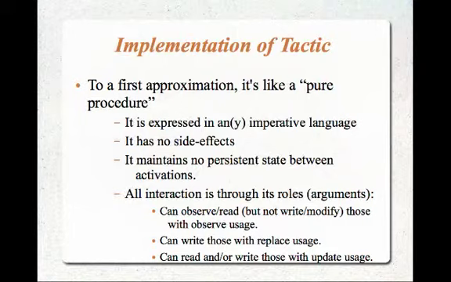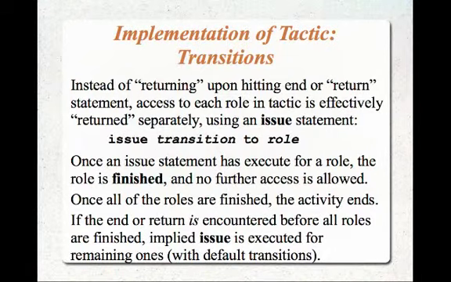So all interaction is through its roles, and it can only do the right things with its roles. It can observe the input ones and change the output ones, etc. This is where these tactics are different from normal old subroutines or functions. Instead of just returning the arguments at the end to whoever called it, we're going to find out that there is no whoever called it. Instead, it returns its arguments, essentially its roles, one at a time by issuing transitions to the roles.